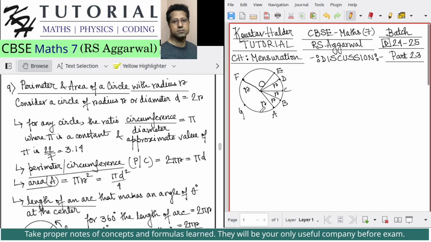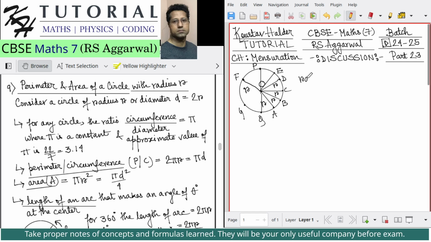Let's say I am taking point P. This is P on the circumference of the circle, and if I draw a line segment passing through the center O, and that line segment intersects the circumference again at the point Q, then PQ is the diameter. So these concepts you already know.